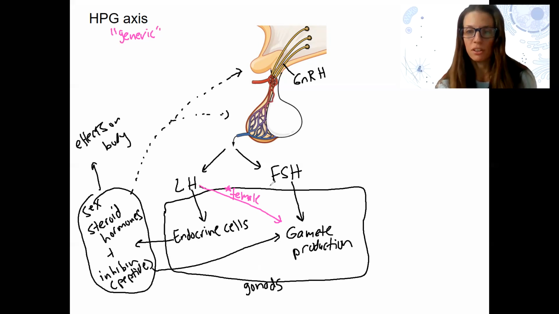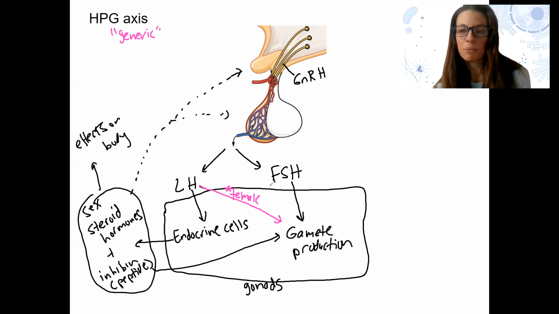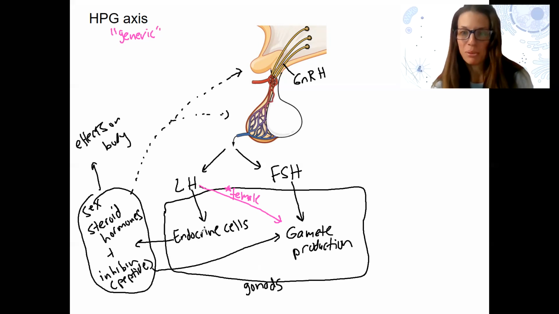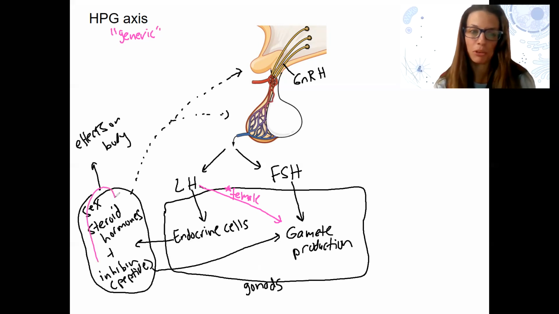We'll break apart each one and look at each separately, but then come back to this because what we'll look at separately will fit into this box, right, of follicle stimulating hormone stimulating gamete production, LH stimulating endocrine cells. But then, of course, we've got some complexities here because these hormones basically do a lot. And that makes sense, right?